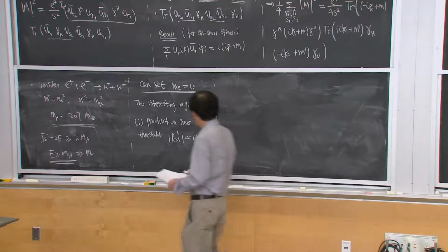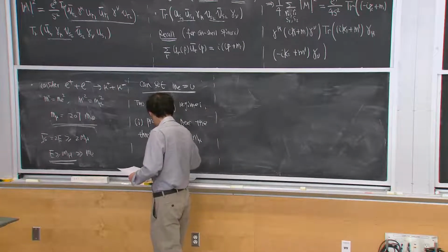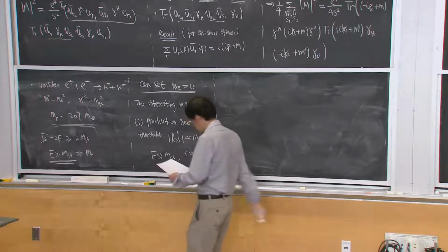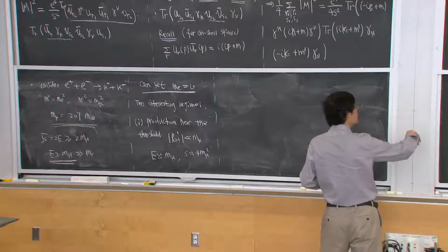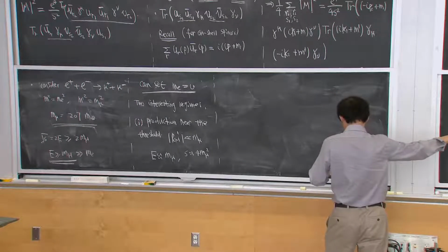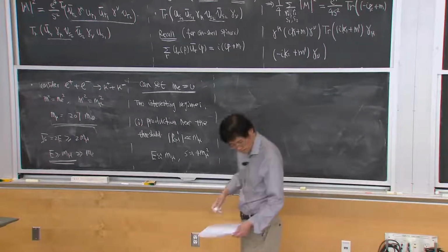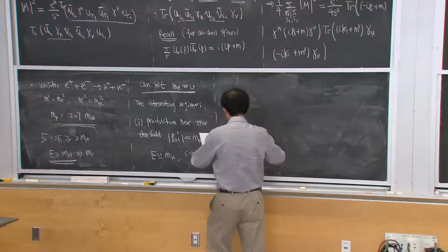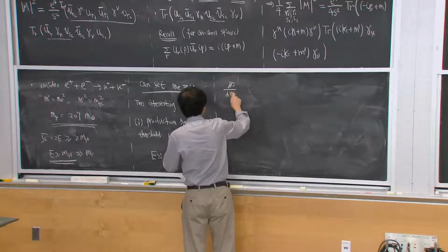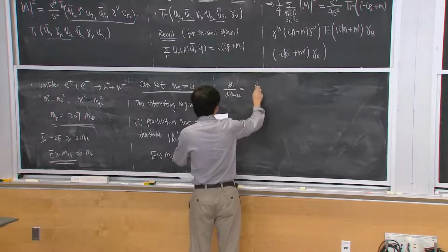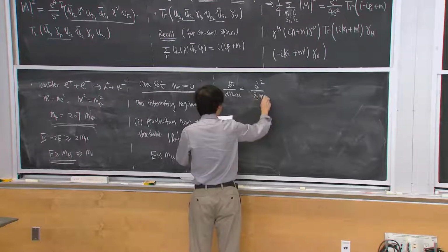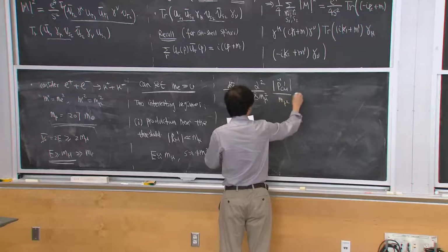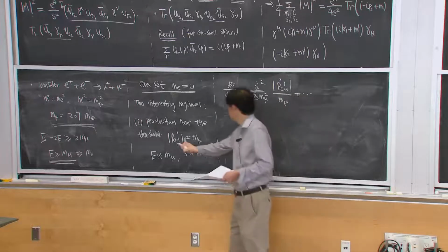So in this regime, E would be approximately just m_mu, and S would be approximately just 4 m_mu squared. So if you look at that expression, then you find that the differential cross section is equal to alpha squared over 8 m_mu squared, times p_CM prime divided by m_mu, plus higher order corrections. So you expand in p_CM prime divided by m_mu.